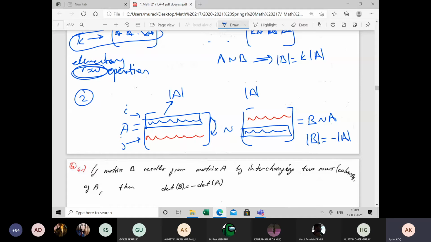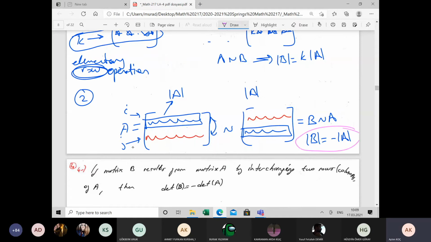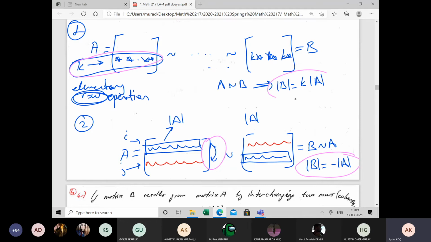Now this operation gives this one for row equivalent matrices. What's the relation between the determinants? What's the next operation?